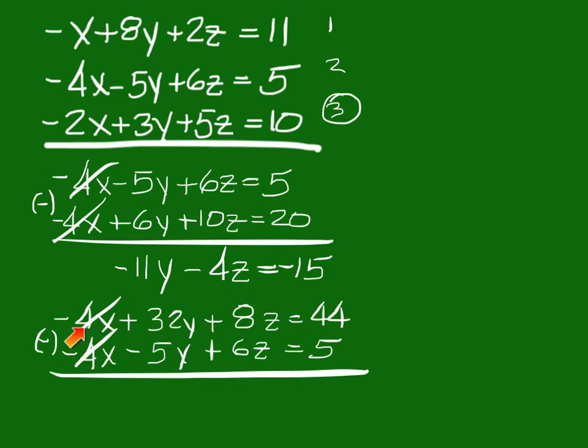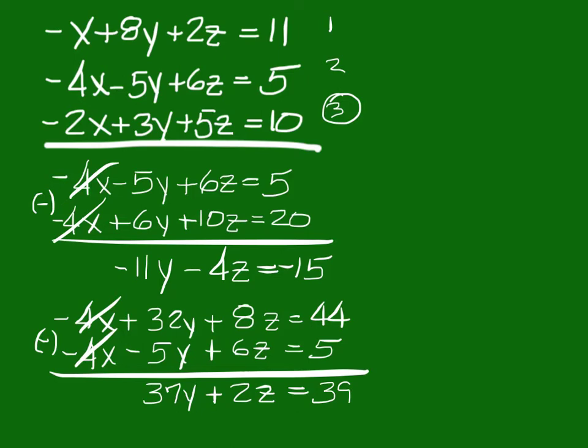And you have 32 minus a -5. 32 minus a -5 is 37. Then you have 8 minus 6, which is a +2z. And then you'll have 44 minus 5. That's a 39. So you want to keep that equation we just created off to the side as well.